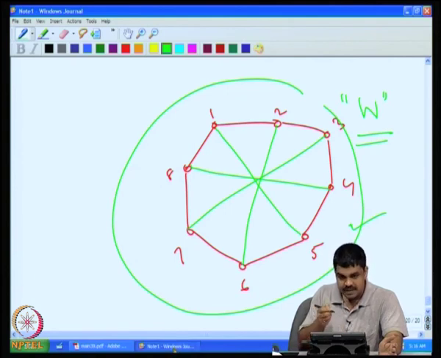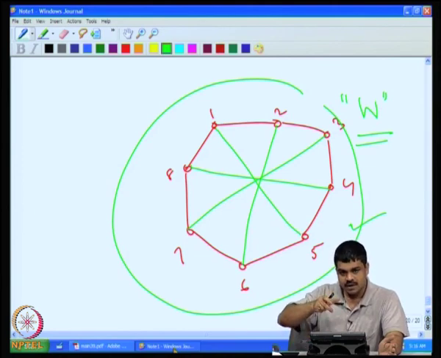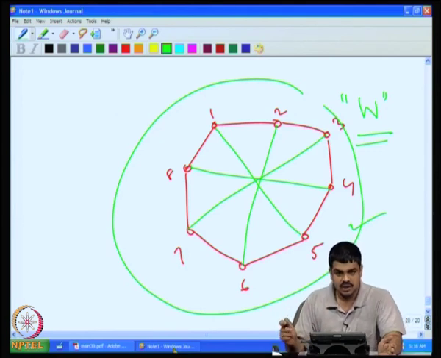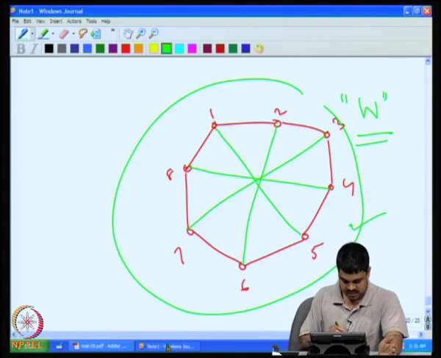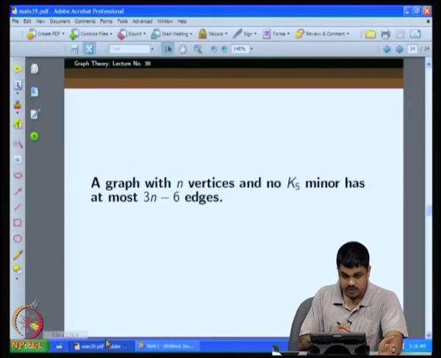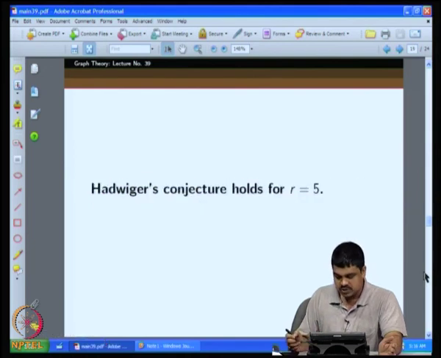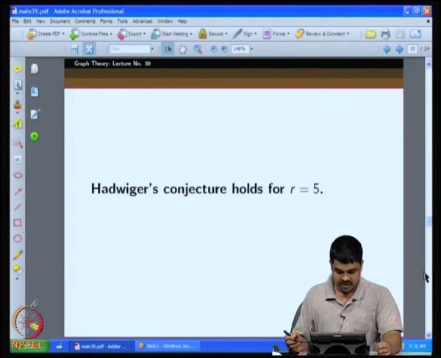Now we are pasting only on triangles or on edges, so when pasting, we can rename the colors in such a way that both sides are consistent. This technique is very easy; I leave it to the student to verify. Therefore in this case also it is shown that Hadwiger's conjecture is true.